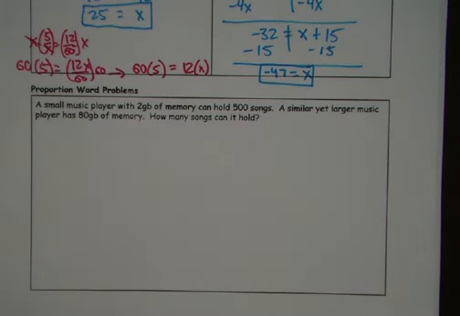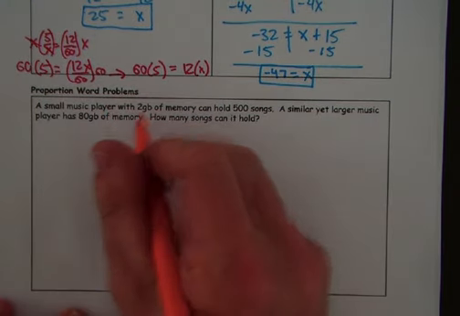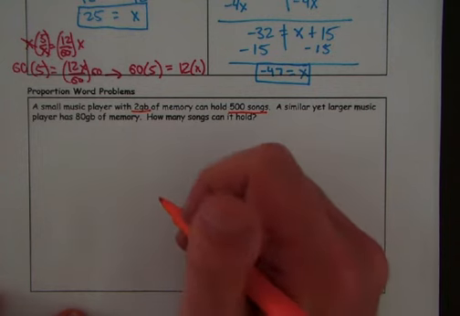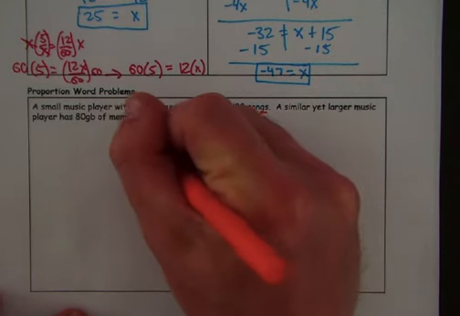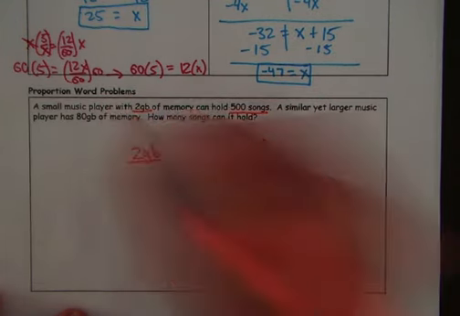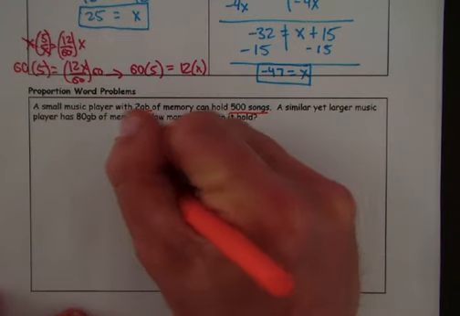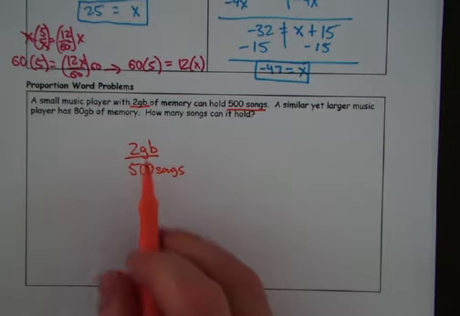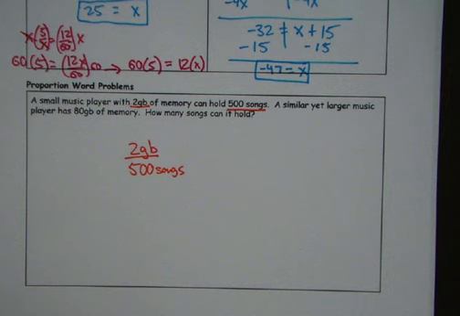I'm going to use some colors here to try to make this a little easier. So we know that a small music player has 2 gigabytes of memory and can hold 500 songs, my apologies. So we know that the ratio for this small music player is 2 gigabytes to 500 songs.